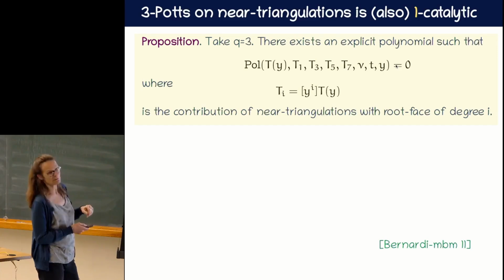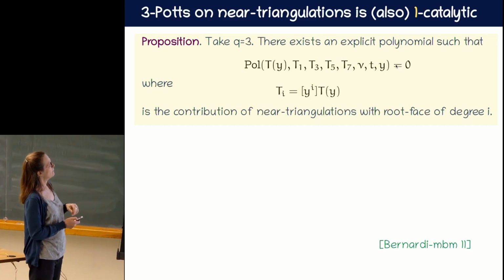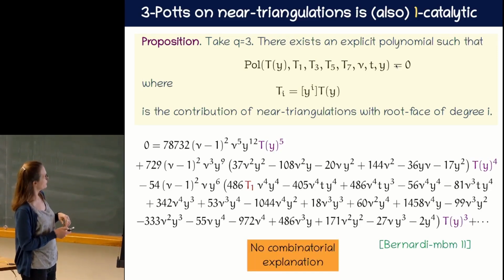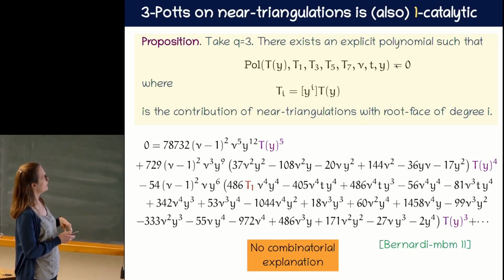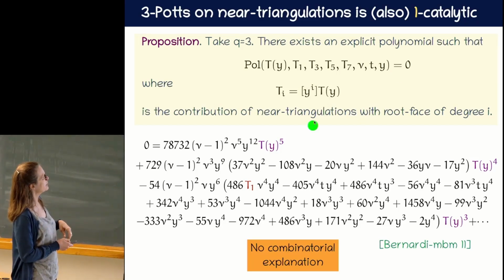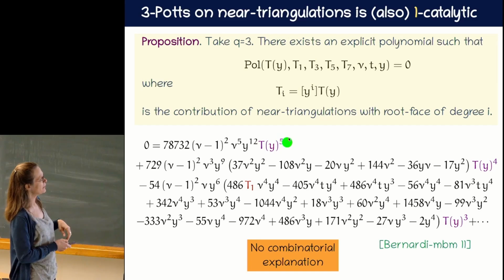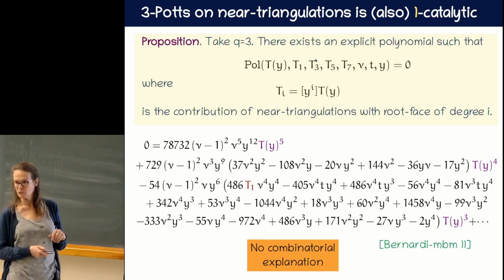And this polynomial vanishes. So I have even started to write the first terms. It's not very charming, so it has degree 5. In t y cubed, you start having here in the coefficient the first of these series that does not depend on y, and so on and so forth.